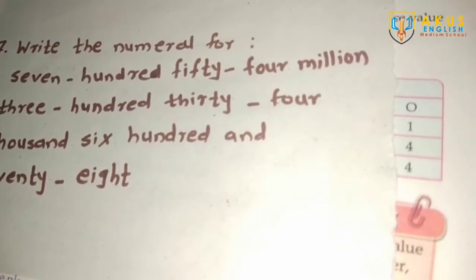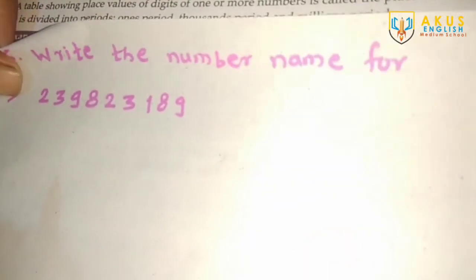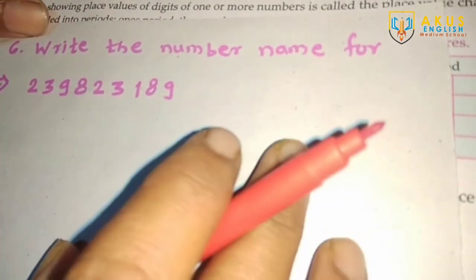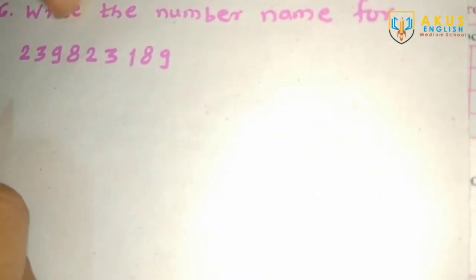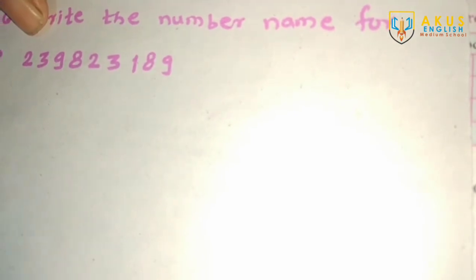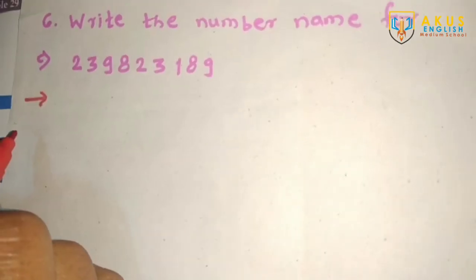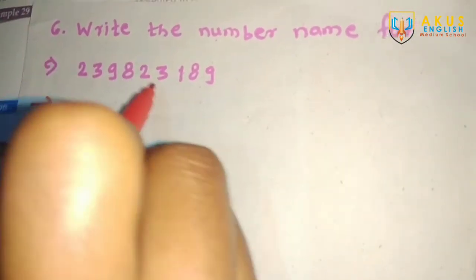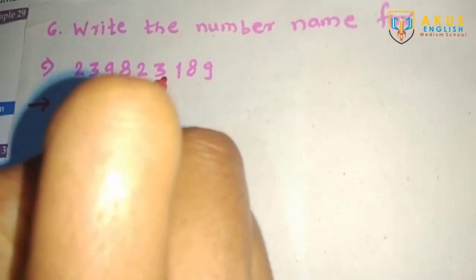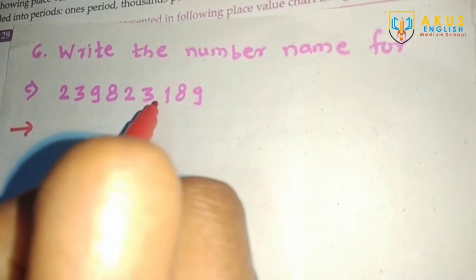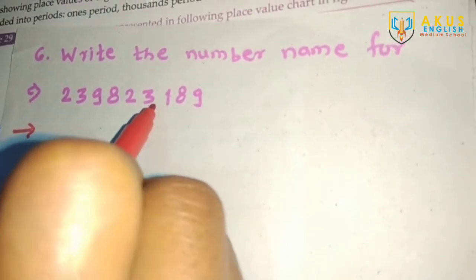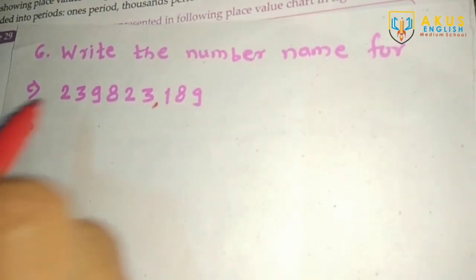These types of sums are so simple. You only have to put them one by one in the respective column. Okay. Now write the number name for this given number. As per International System of Numeration, as we move from right to left, after a group of 3 digits, we can put a comma.